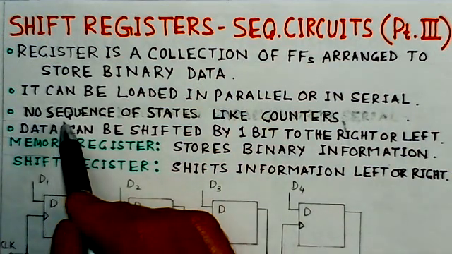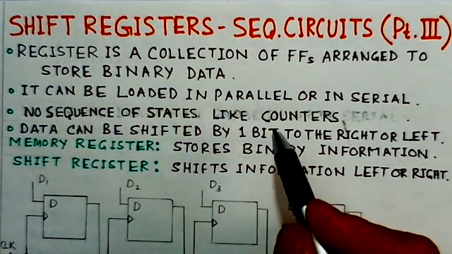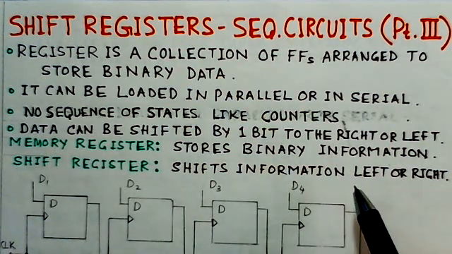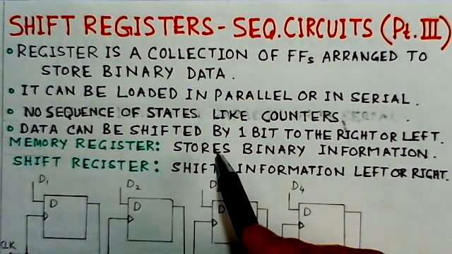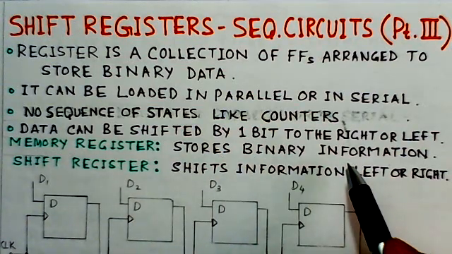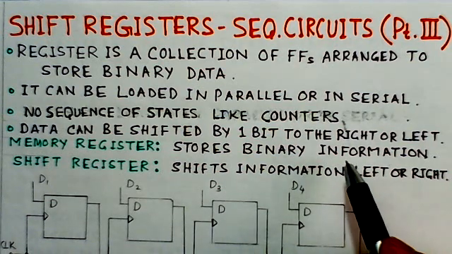In these registers, there is no sequence of states like we have in counters, and here data can be shifted by 1 bit to the right side or to the left.